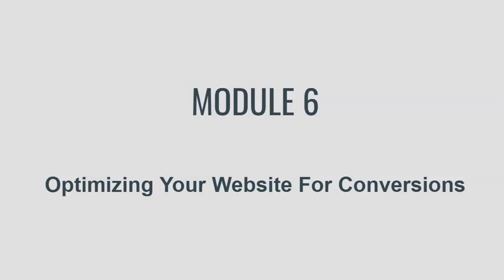That's why website optimization is very important and is the crux of this entire course. And in this class, Module 6, we will be diving deep into how to optimize your website for conversion and making sure that you get your desired results.